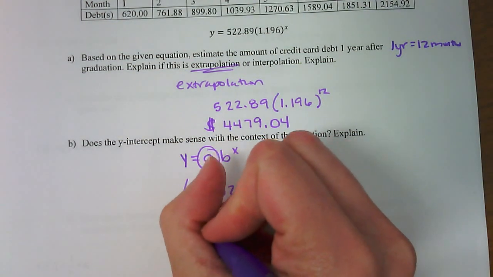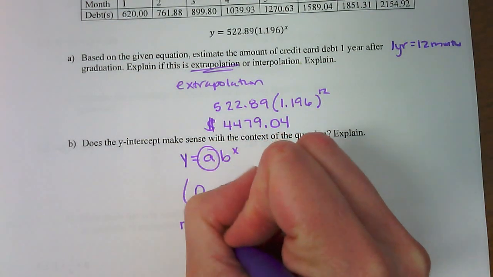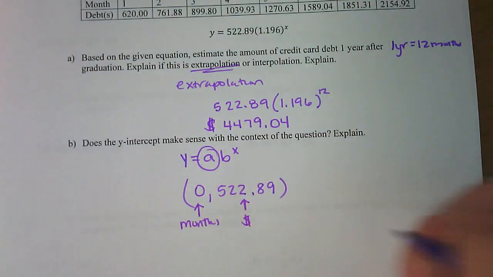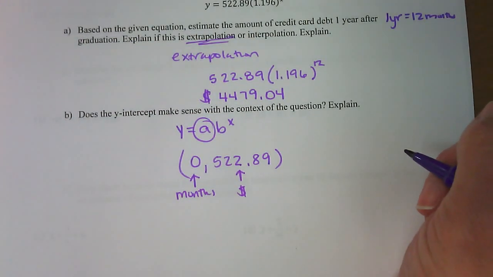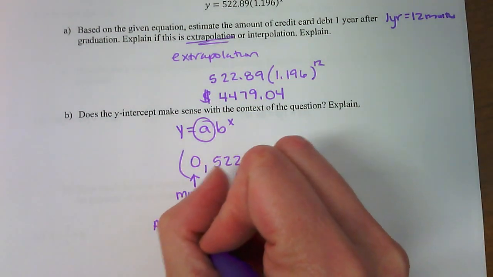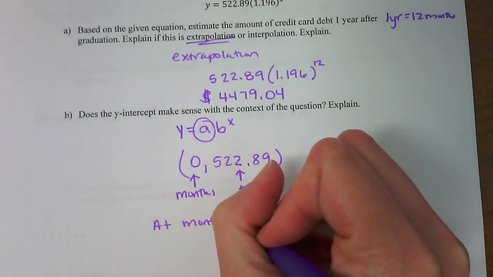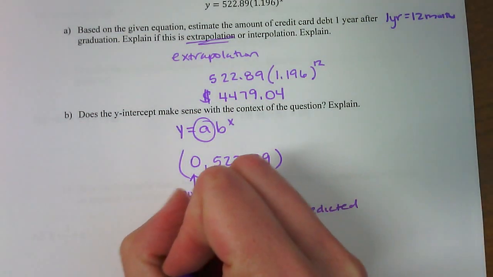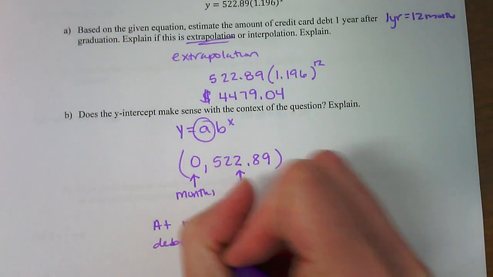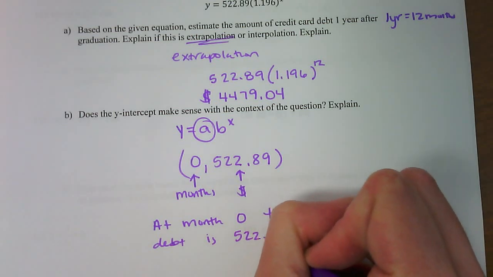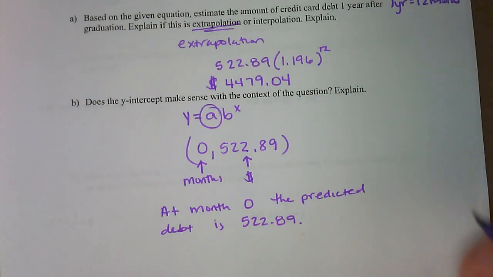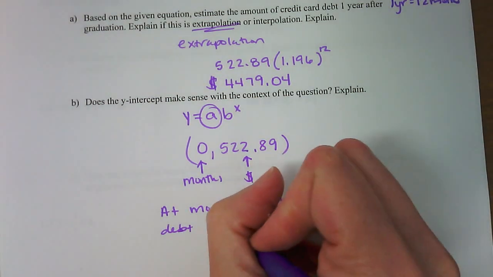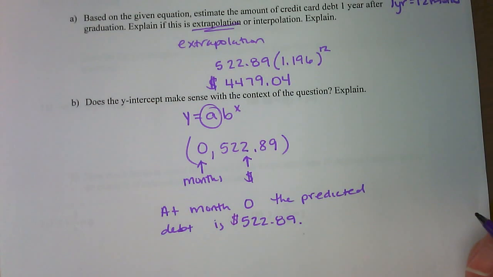Okay, so in this case, this is months, and this is money. So at month 0, right at graduation, the predicted debt is $522.89.